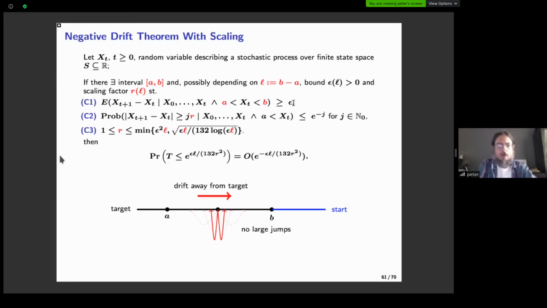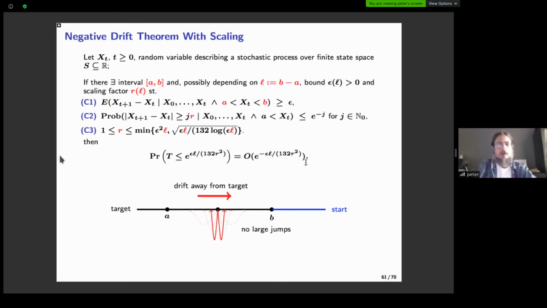So in expectation, we move by some value epsilon away from the target. If in expectation we move away from the target, and the probability that we make large jumps decreases exponentially with the length of the jump, then the negative drift theorem tells us that the probability that we finish within exponential time in the size of this interval is exponentially small.